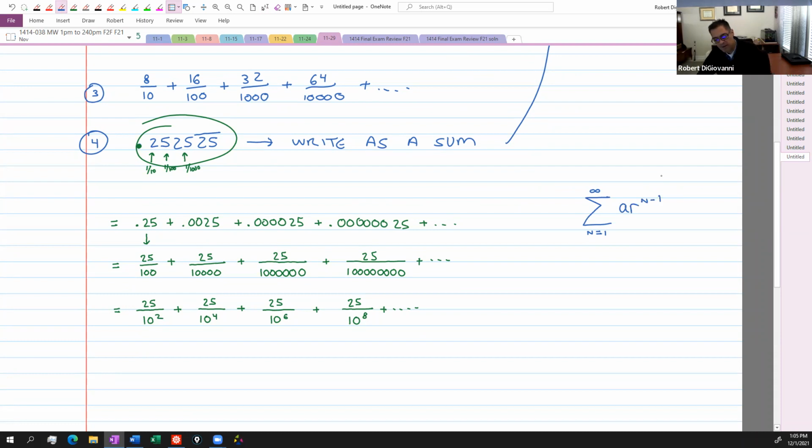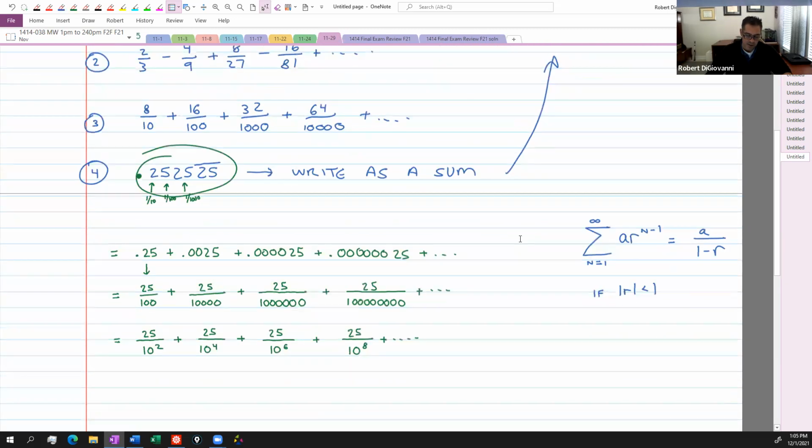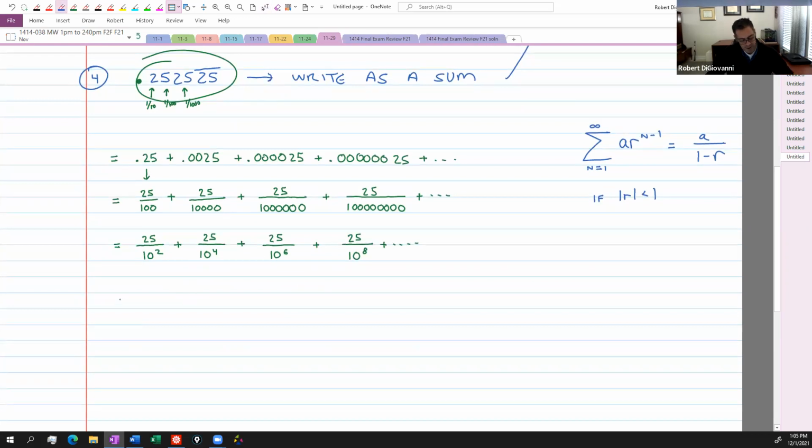And we talked about in class last time that this sum will add up to be a over 1 minus r, if the absolute value of r is less than 1. So right now, we should be able to write this as a sum, n equals 1 to infinity.